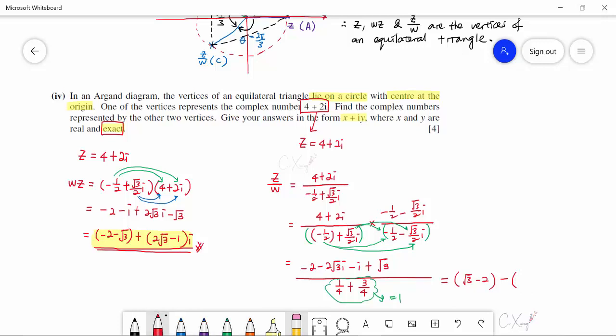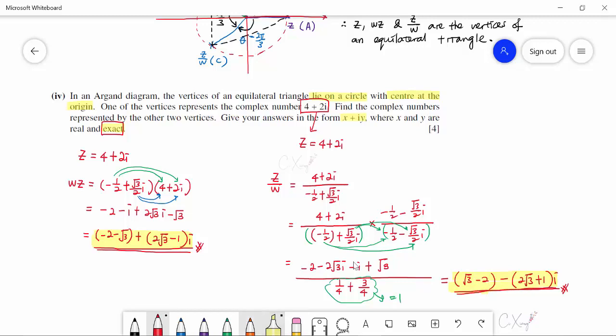So it should be 2 square root 3 plus 1 i. So this is actually another complex number. I can say it is another complex number for the third point of the vertices on the equilateral triangle.